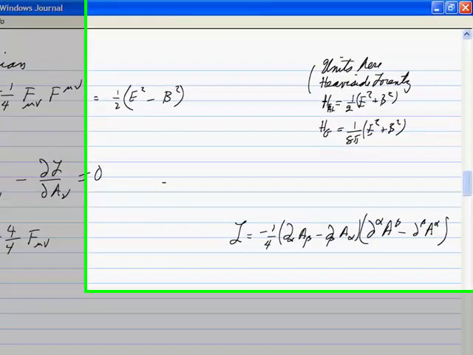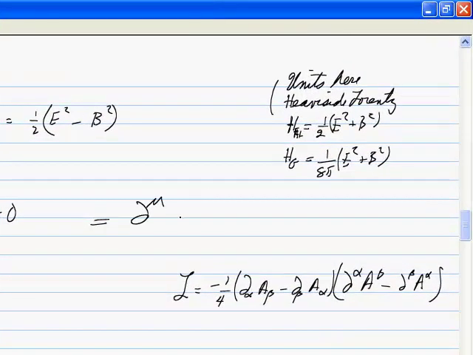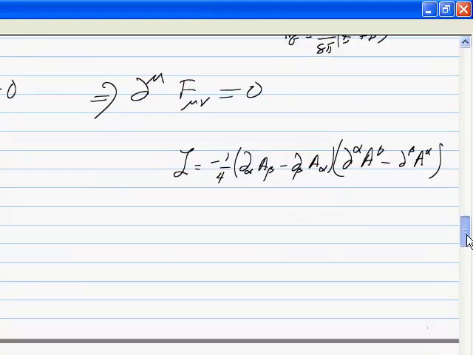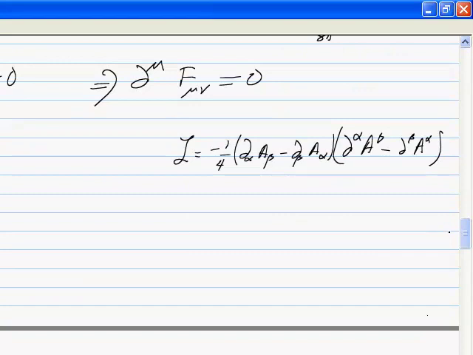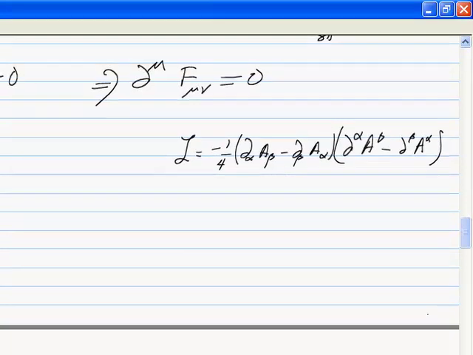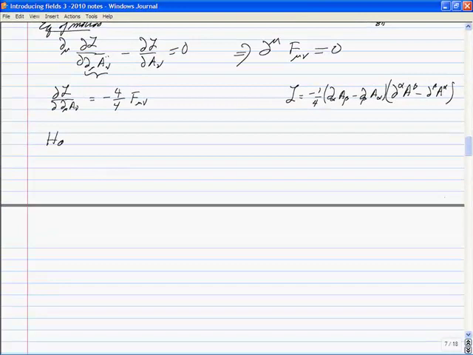Okay, that's where it comes from. If you buy that, then the equation of motion is Maxwell's equations. Okay, fair enough. And the last thing I want to do for this, on the formal part, is the Hamiltonian.